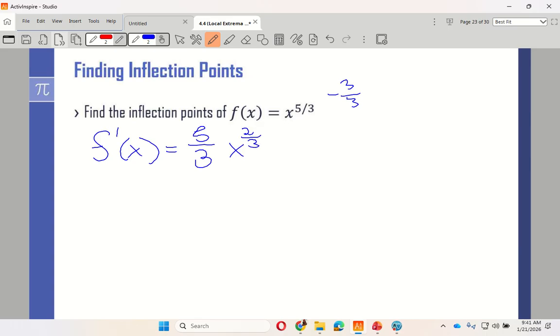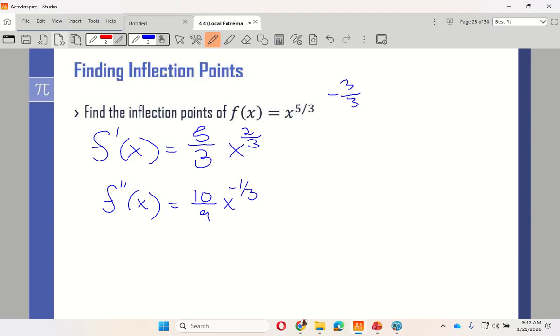And then the second derivative would be 10/9 x to the -1/3.